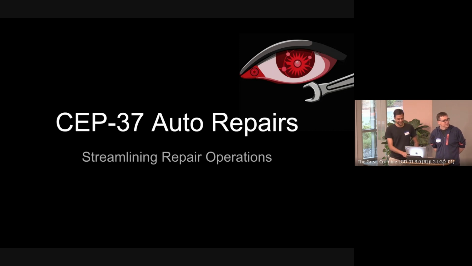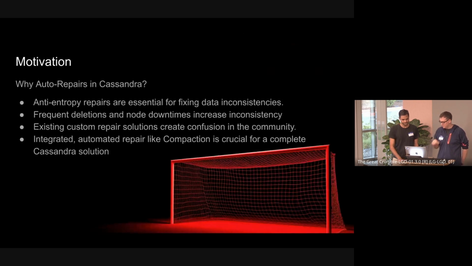So we're going to be talking a bit about CEP 37, which is the auto repairs, which Uber has done a lot of work with, and we'll get into it. Pretty much everyone who's used Cassandra knows it is absolutely necessary to have repairs running in your system, because without repairs, you can have data loss, you can have inconsistencies, you can have bit rot.